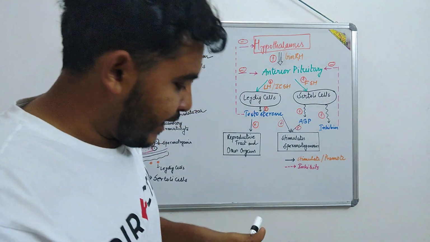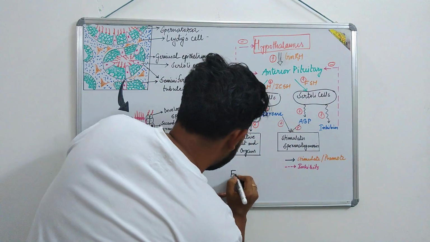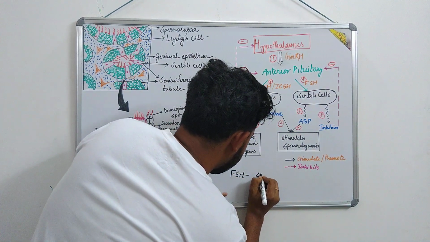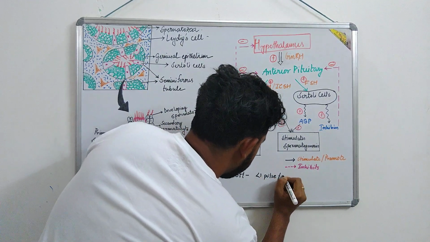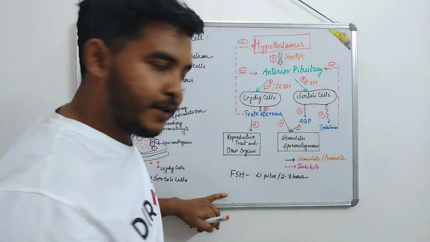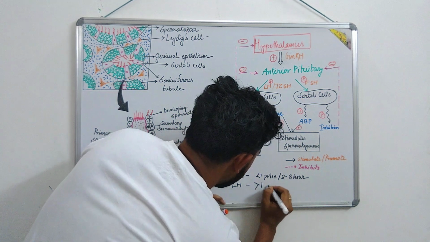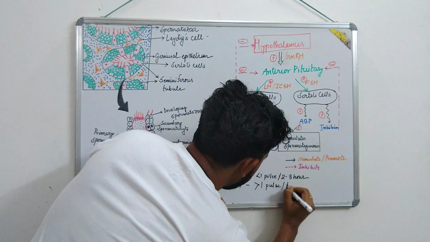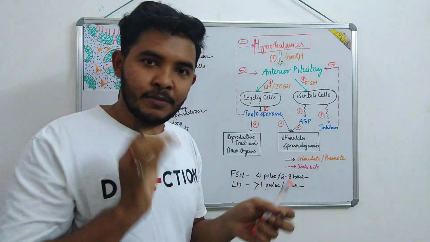FSH is less than 1 pulse per 2 to 3 hours, and LH is more than 1 pulse per hour.